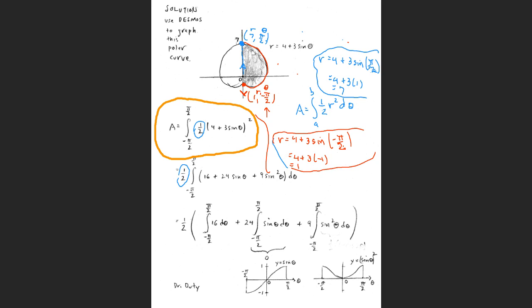I always bring constants out front. And 4 plus 3 sine theta is 4 plus 3 times the sine of theta times 4 plus 3 times the sine of theta. And you're going to FOIL that. When you FOIL that, you're going to get 16 plus 24 sine theta plus 9 sine squared of theta.